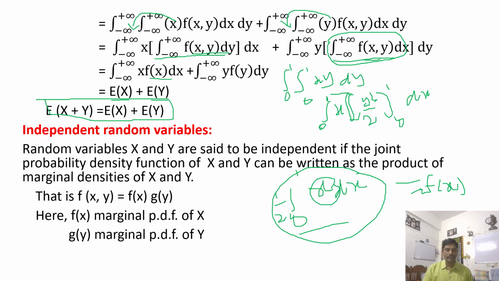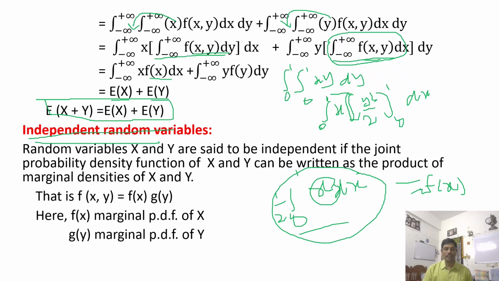Now we see one definition before going to discuss the multiplication theorem on expectation. We need to know independent random variables. The random variables x and y are said to be independent if the joint probability density function of x and y can be written as the product of the marginal densities of x and y. Clear?